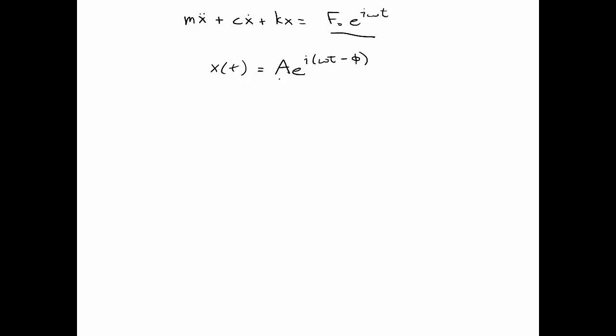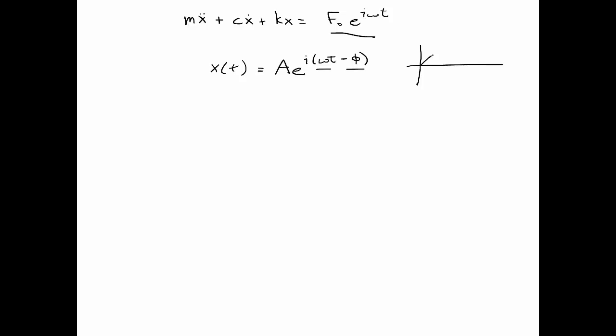Alright, x as a function of time is going to have some amplitude to an oscillation. So we're saying it has the same frequency as our driving force, but we're going to say it's offset by a phase from the driving force. Are you okay with understanding what it means if you just delay the phase?